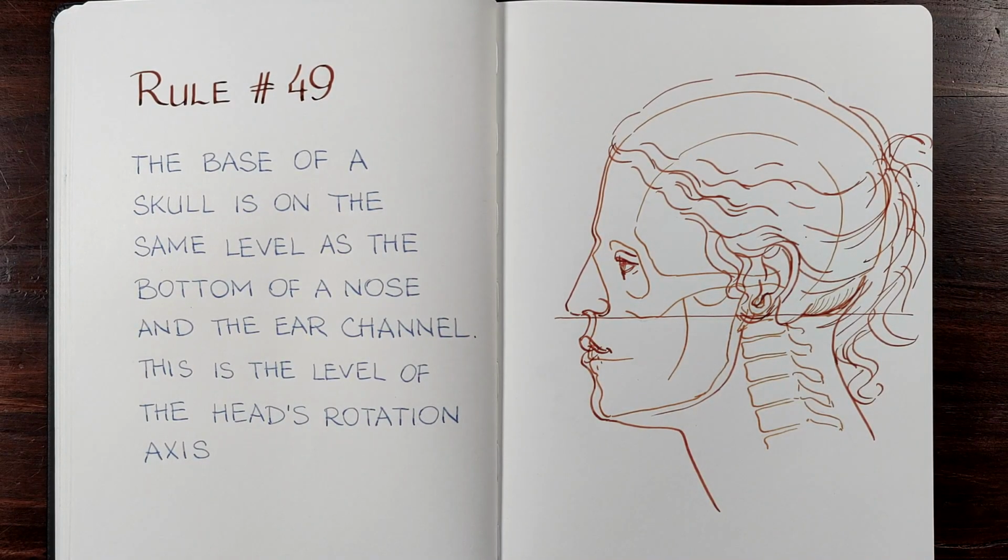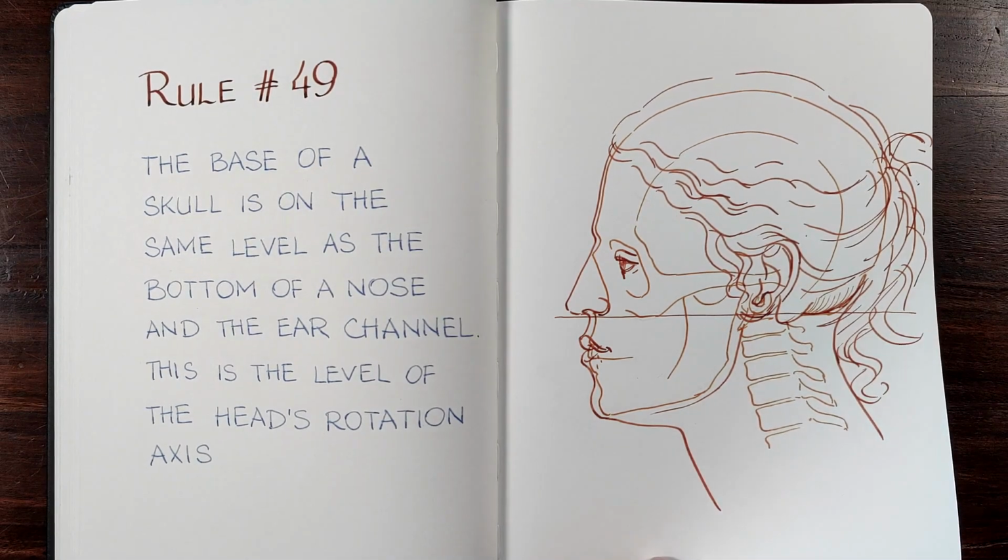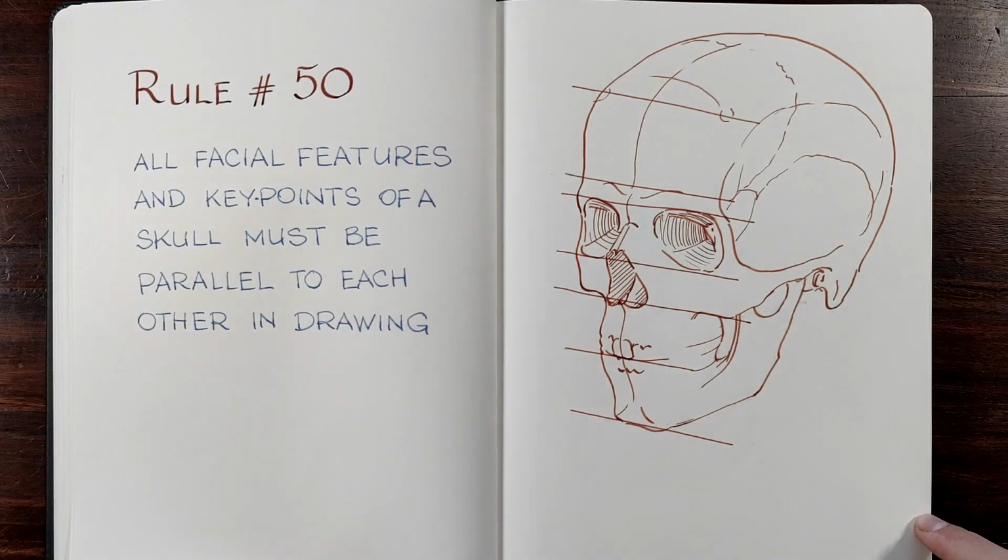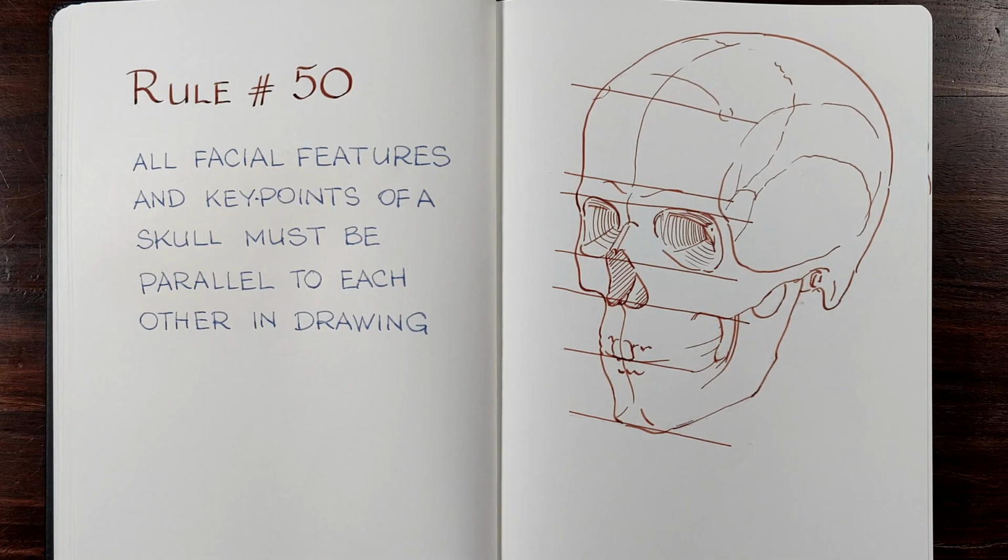Rule number 49. The base of a skull is on the same level as the bottom of a nose and the ear channel. This is the level of the head's rotation axis. Rule number 50. All facial features and key points of a skull must be parallel to each other in drawing.